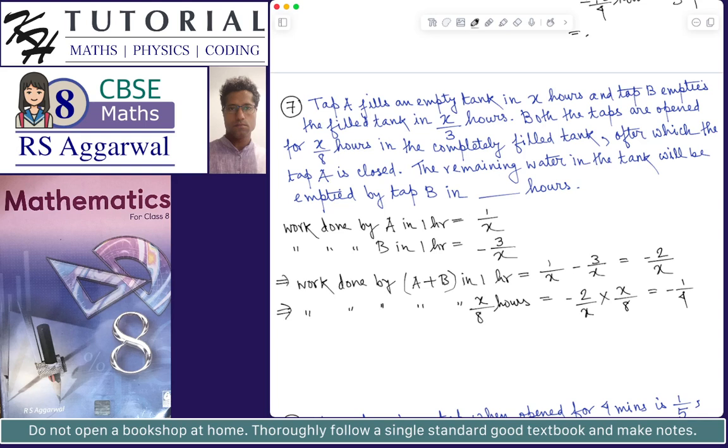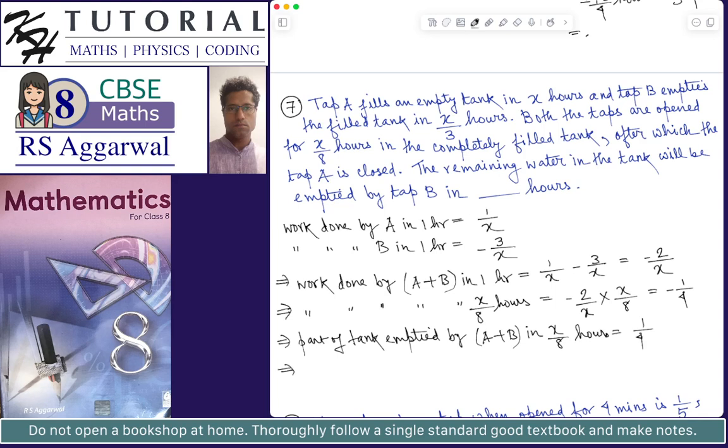Okay, so this implies that the part of the tank emptied by A plus B in X by 8 hours is equal to 1 by 4.